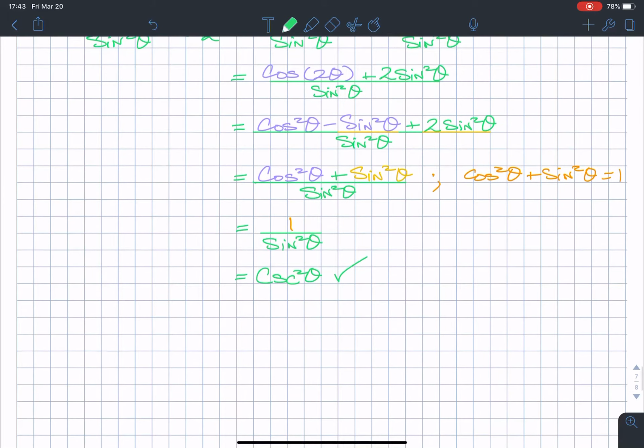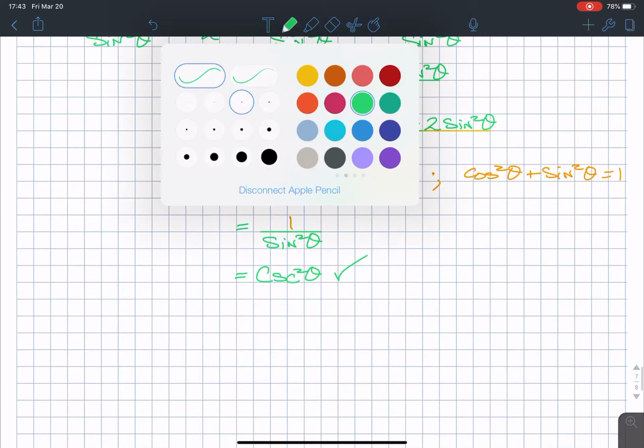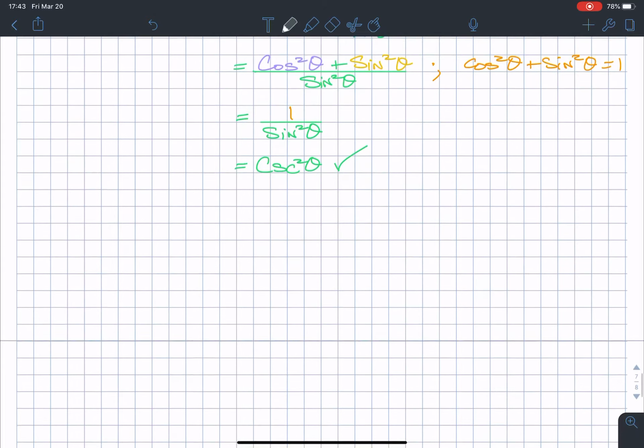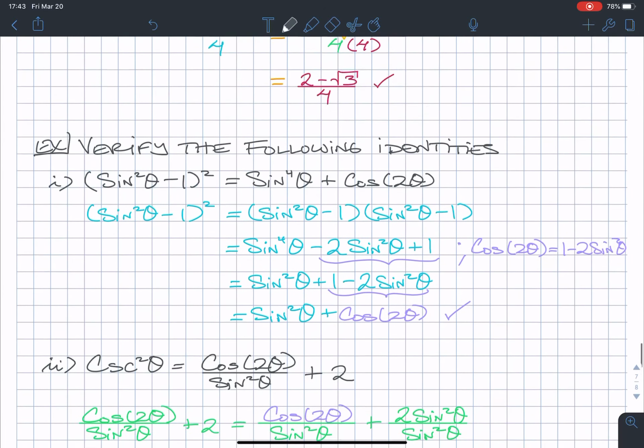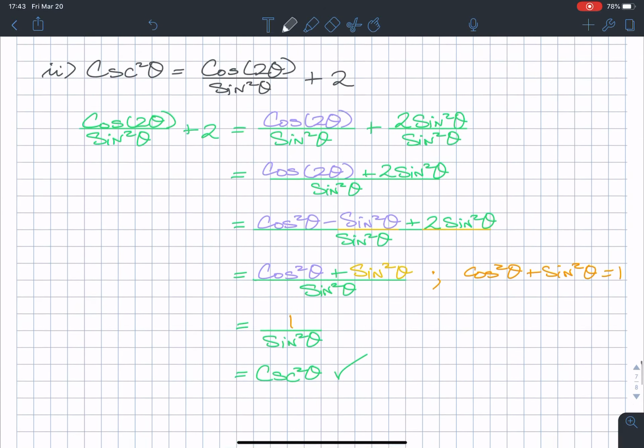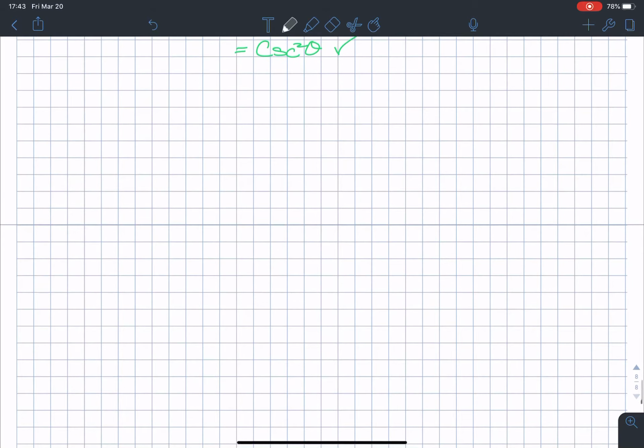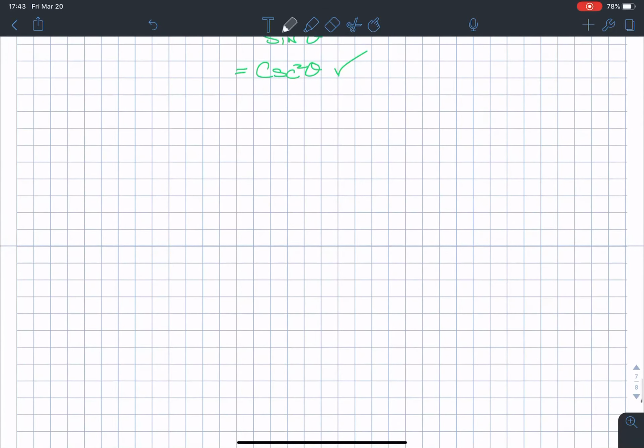So let's see, how much room do I have? I have enough room. I guess I can always go to the next page. Okay, so number 3, maybe I'll start here. Let's verify that 2 cotangent of 2 theta is equal to cotangent of theta minus tangent of theta.